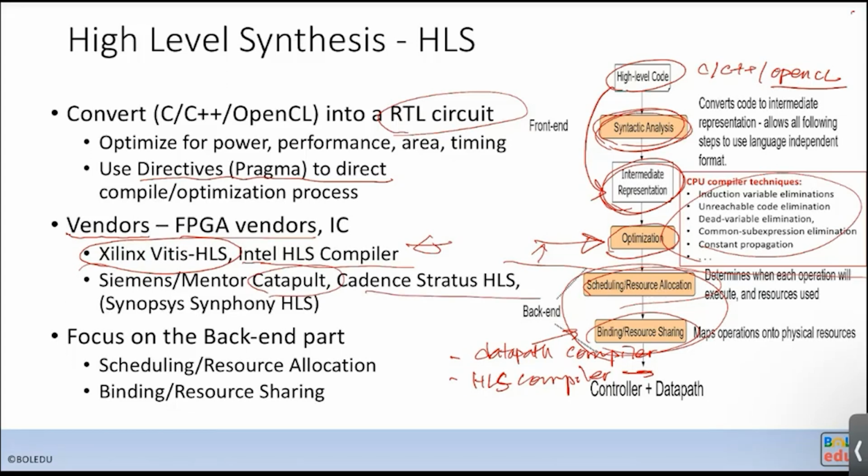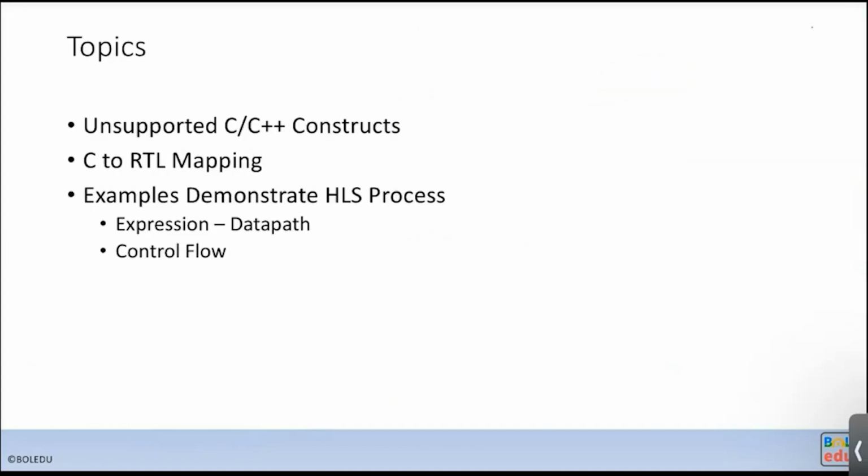As far as I know, the Xilinx Vitis HLS compiler is probably the best among those HLS compilers. Many focus on the backend part, which is the part we are talking about. Then I will give a very brief explanation of the scheduling, resource allocation, and binding process.